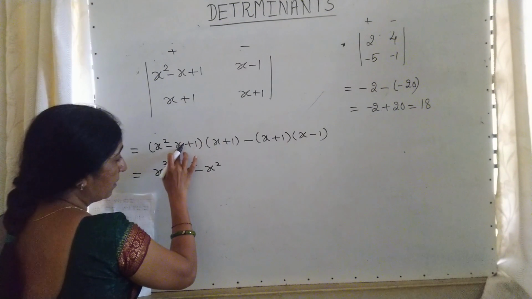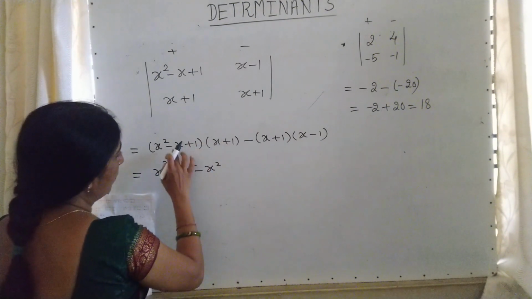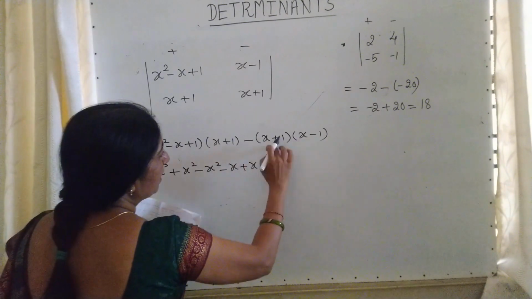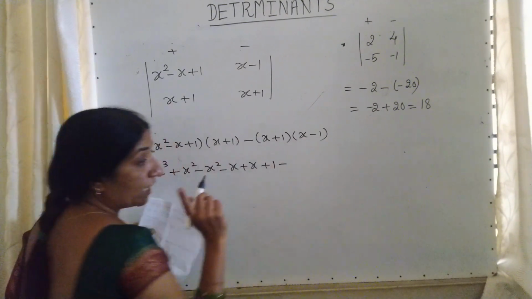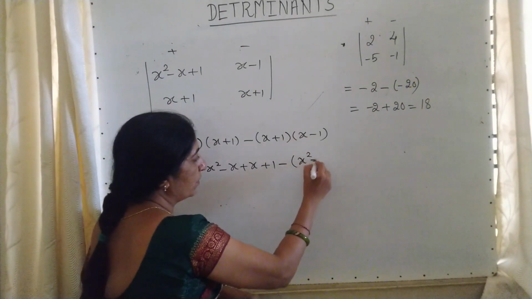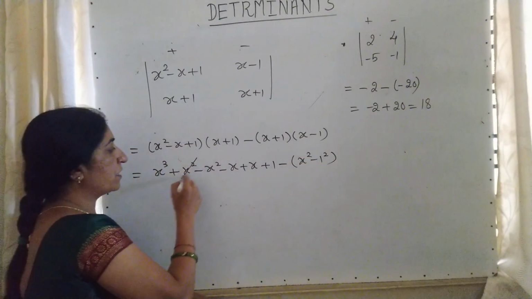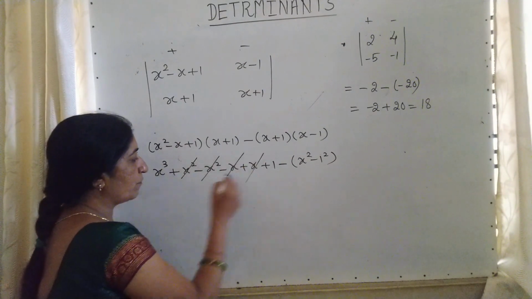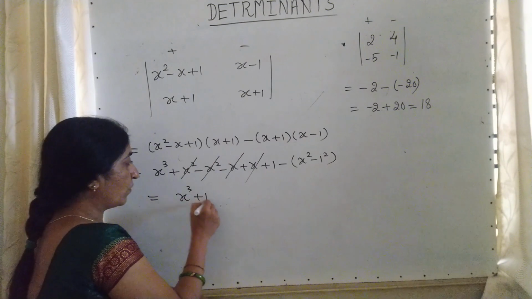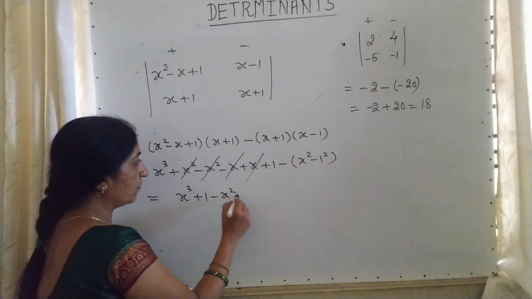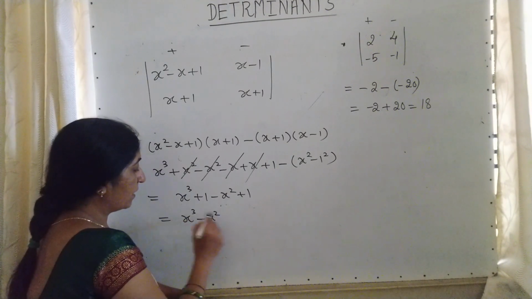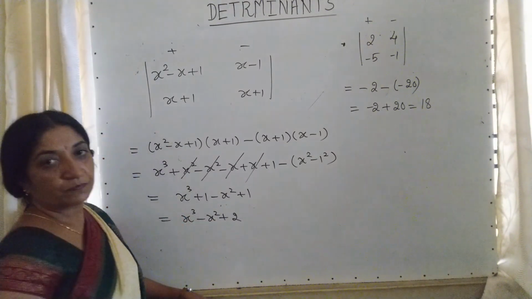Next with minus x into x is minus x square. This is minus x plus 1. Multiply these two. They are in the form of a plus b, a minus b, which is a square minus b square. Here plus x square, minus x square cancel, and minus x plus x cancel. What is remaining? x cube plus 1. And here take minus inside the bracket. Your answer will be x cube minus x square plus 2. Understood?